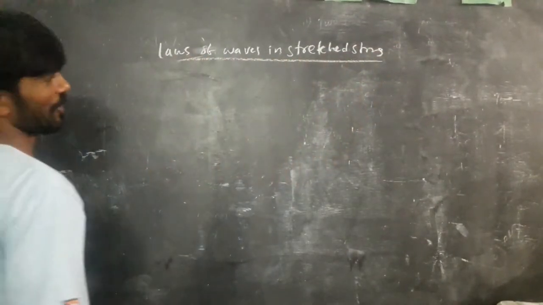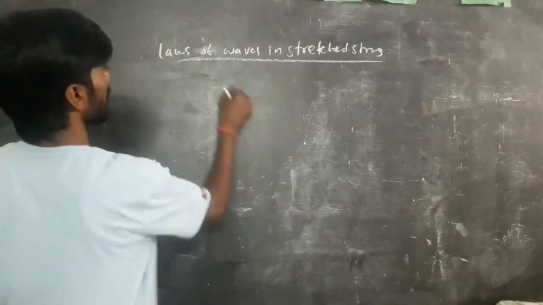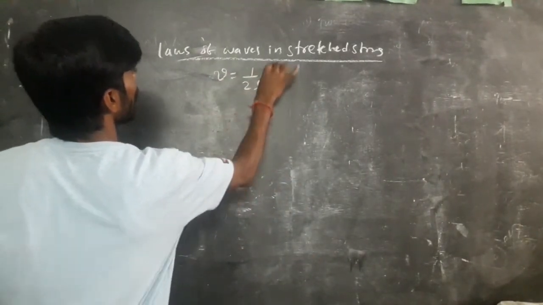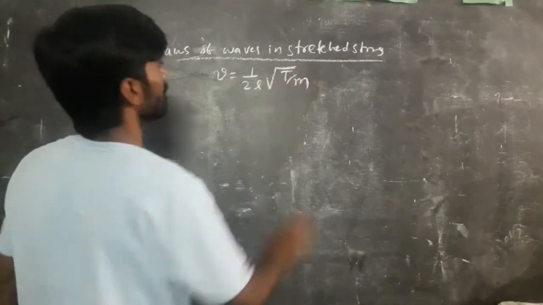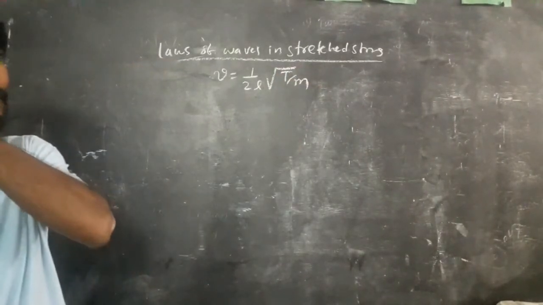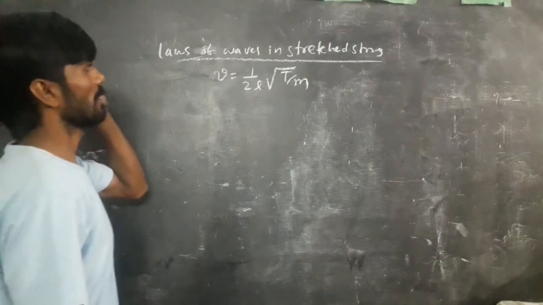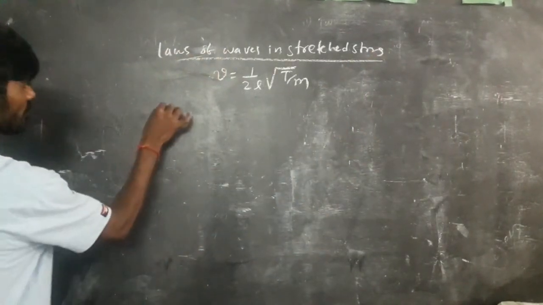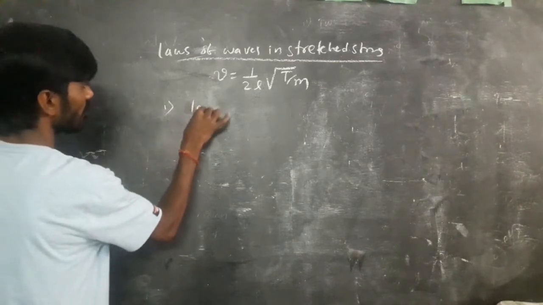So the general equation in a stretched string, the frequency mu is equal to 1 by 2L into under root T by M. How many laws are there? 3 laws. First, the length law.